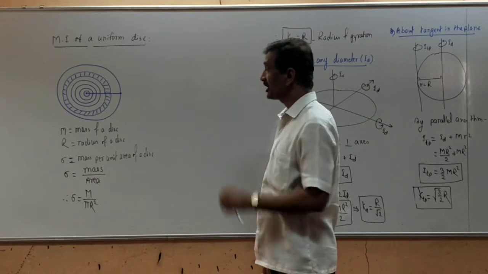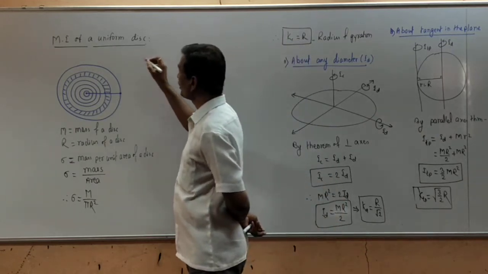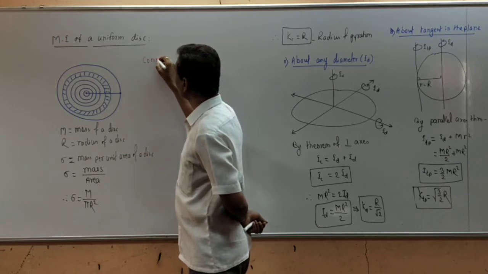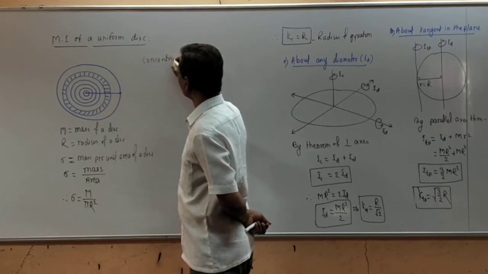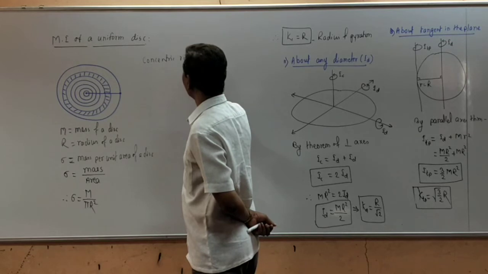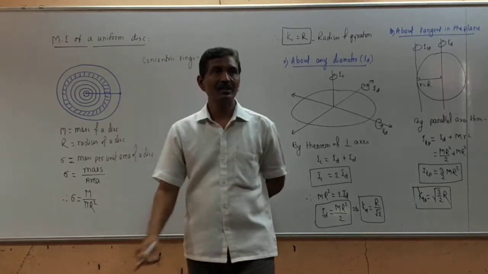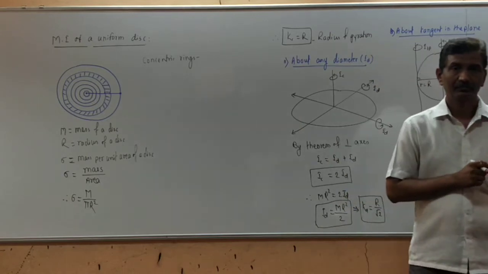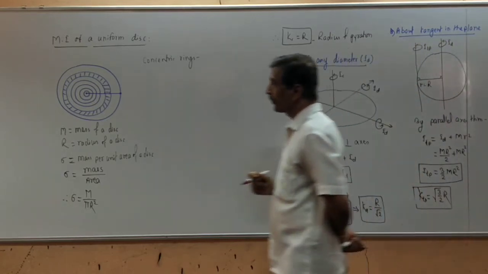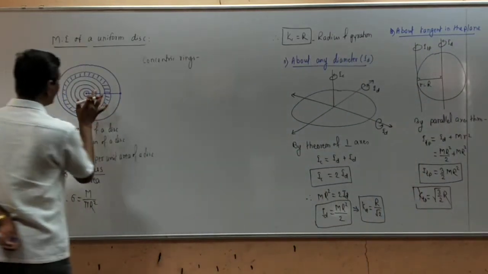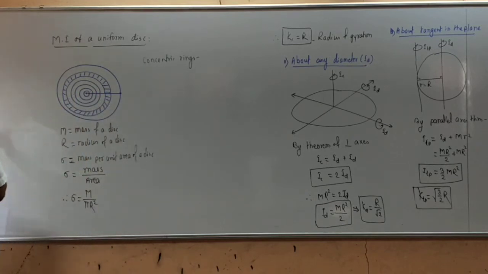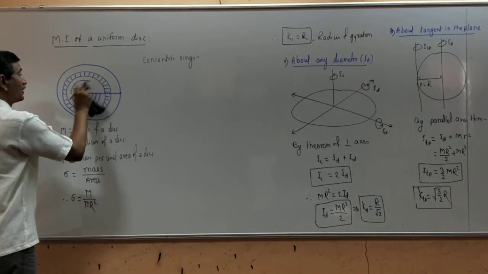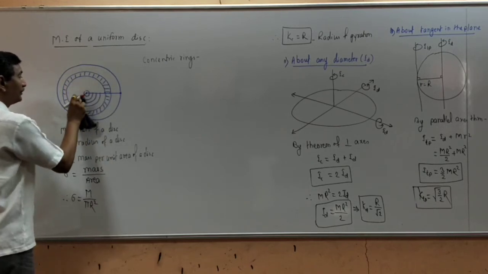Now the question is, how will you determine the mass of each ring? Here we consider concentric rings. The disk is made up of concentric rings of equal thickness. We assume that the thickness of the ring is dr, and we consider only one ring.